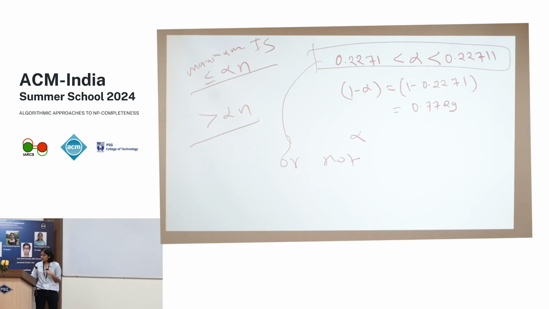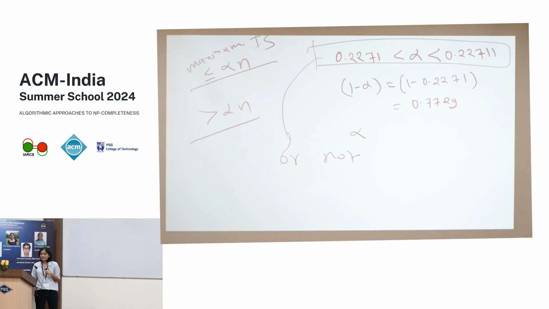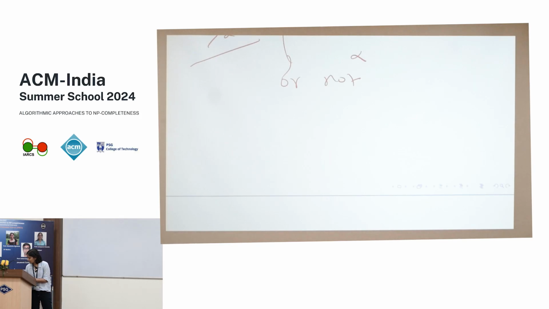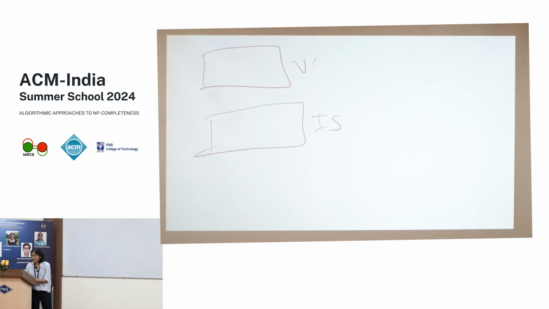In the second case, when the maximum independent set is greater than alpha n, what is the vertex cover size? 1 minus alpha into n, right? So this is what we know about vertex cover and independent sets, right? Okay, so if this is my vertex cover, the remaining vertices give me an independent set, and if this is I, this is n minus I, and vice versa, right?